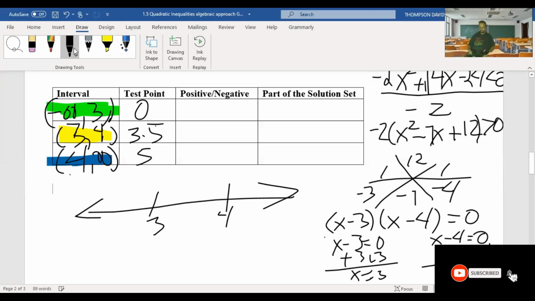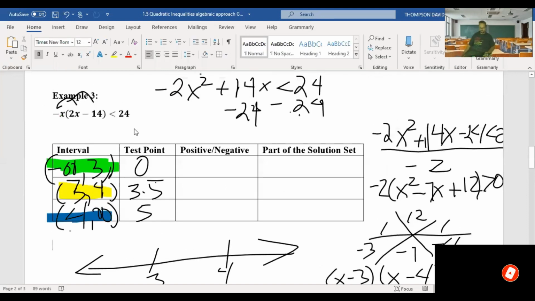So now we just plug into our equation. Plug in 0. 0 times 2 times 0 minus 14 gives me 0.